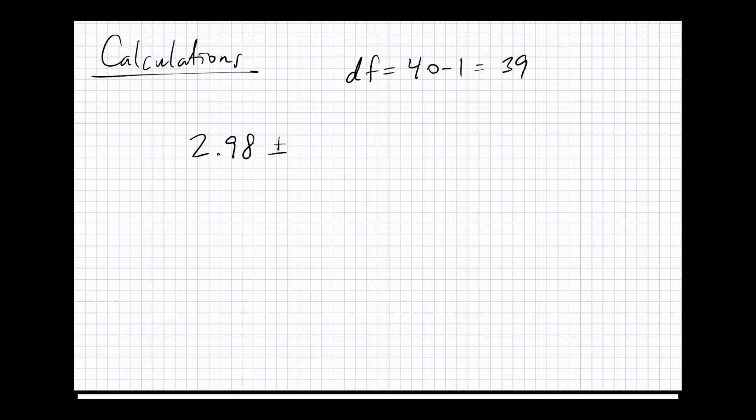Basically 40, so we have to use 40. It's a 98% confidence interval. 2.423. Yeah.